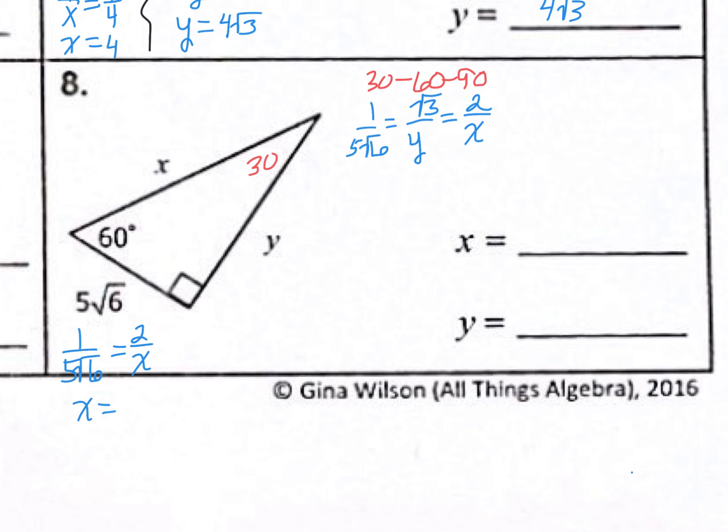And then we're going to multiply these together. So I'm going to do it kind of slowly. 2 times 5 times the square root of 6. Because the 2 and the 5 are outside the radical, they can actually be multiplied together. So x ends up being 10 square root of 6.